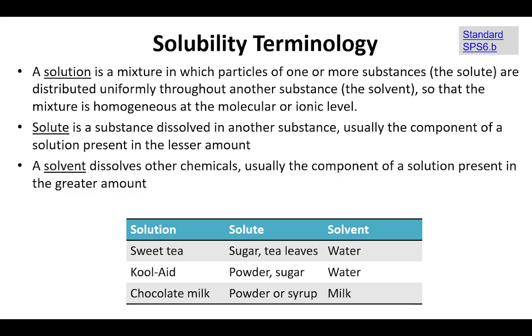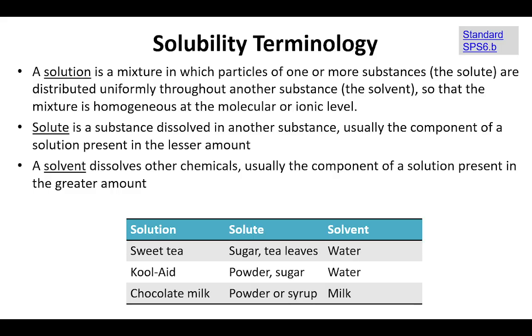Some common non-chemistry examples: chocolate milk. Your milk is your solvent. It is the thing that's in greater quantity. The chocolate syrup is the thing that you put into the milk. It dissolves, disperses throughout it, and turns our white milk brown. Kool-Aid, thinking about if you're making Kool-Aid or sweet tea, your water is your solvent, and your solutes are the things that you put into the solution.